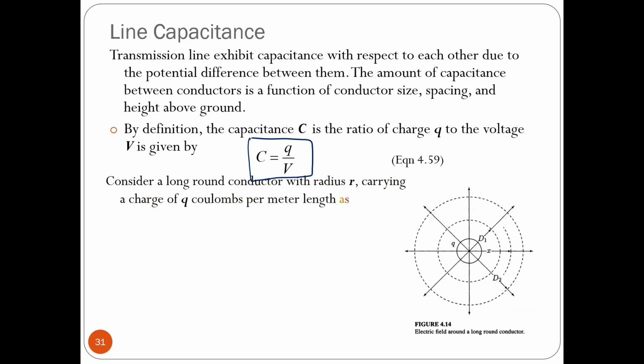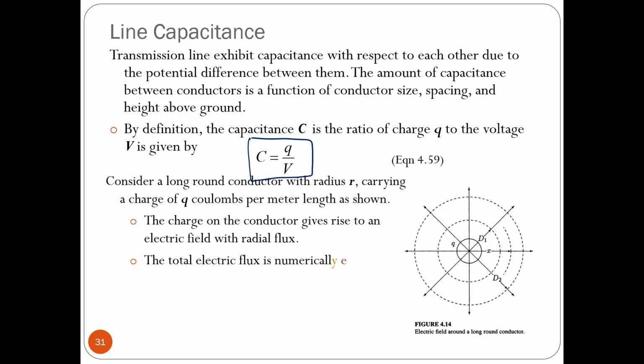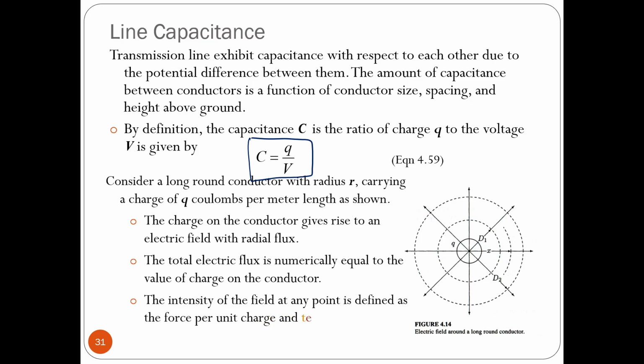So, let's look at this conductor shown in figure 4.14, whereby we assume that the conductor has a radius r carrying a charge of q coulombs per meter length as shown. We assume that the flux is radially around the conductor. We also assume that the total electric flux is equal to the charge of the conductor.